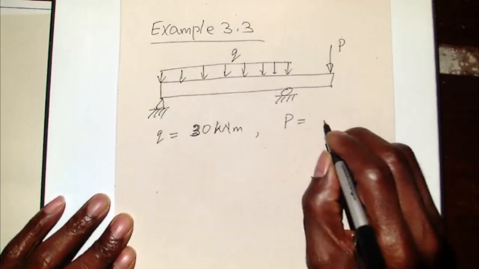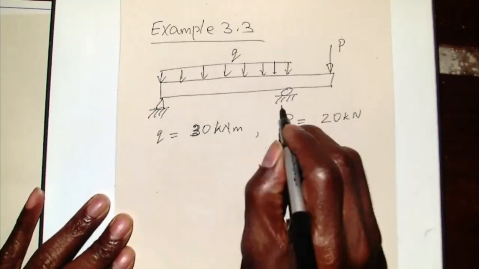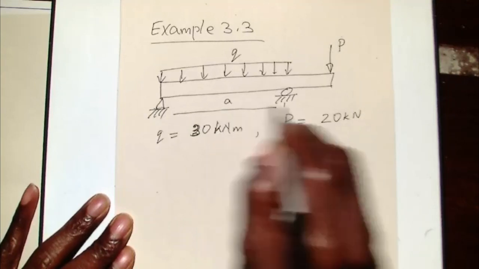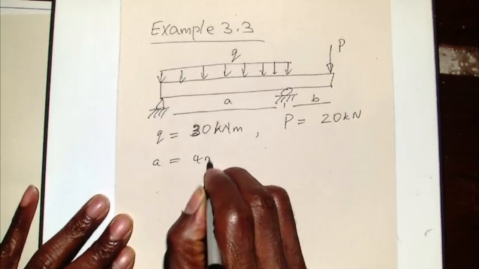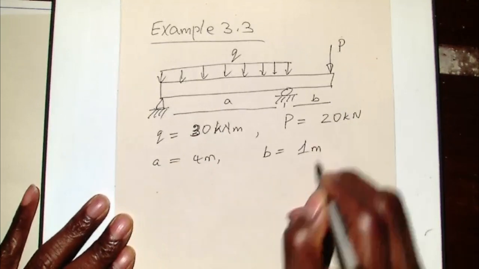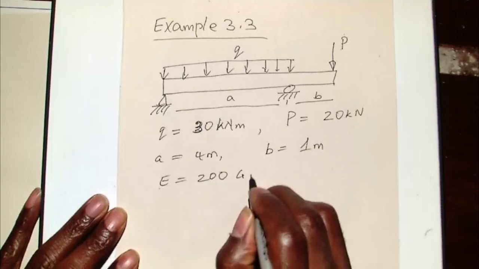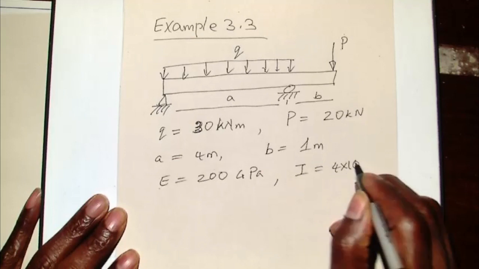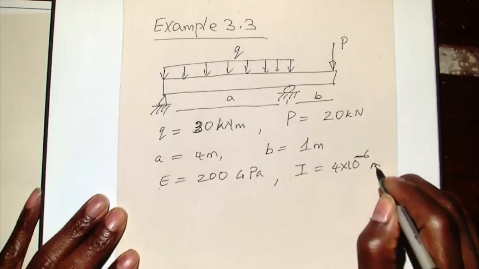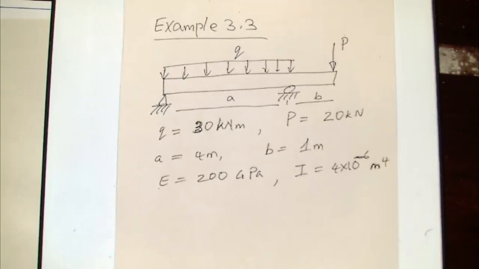P was 20 kilonewton, and this length here was given as a, and that length there was given as b. a was 4 meters, b was 1 meter, the modulus was 200 gigapascal, and I was 4 times 10 to the power minus 6 meter to the 4. And we will also find the magnitude of the deflection where load P is applied.